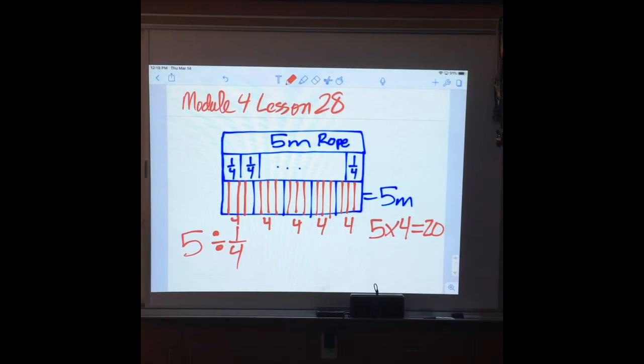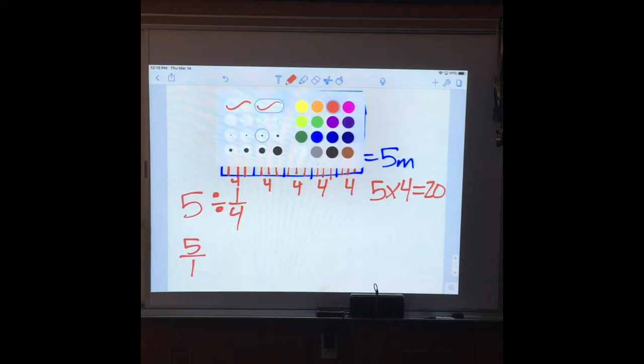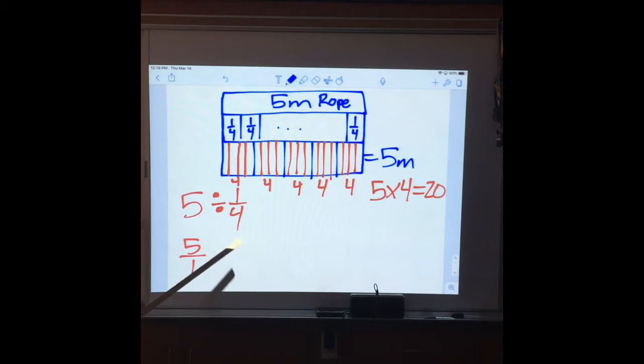So how would I go about doing this problem? Well, I taught you guys that we can do this. And what am I going to do with my fourth? I'm going to flip it over. 4 goes on top. 1 goes on bottom. Since I flipped over this, I made the opposite.